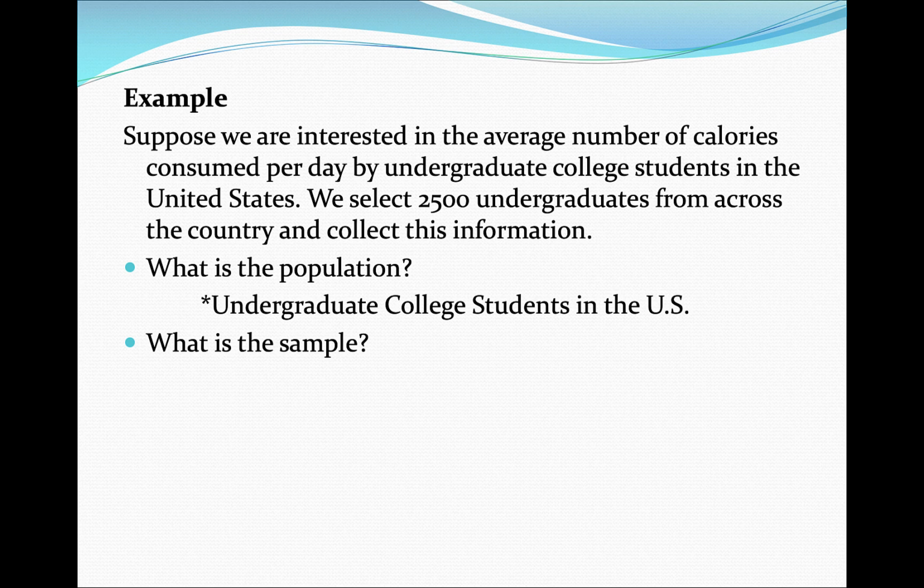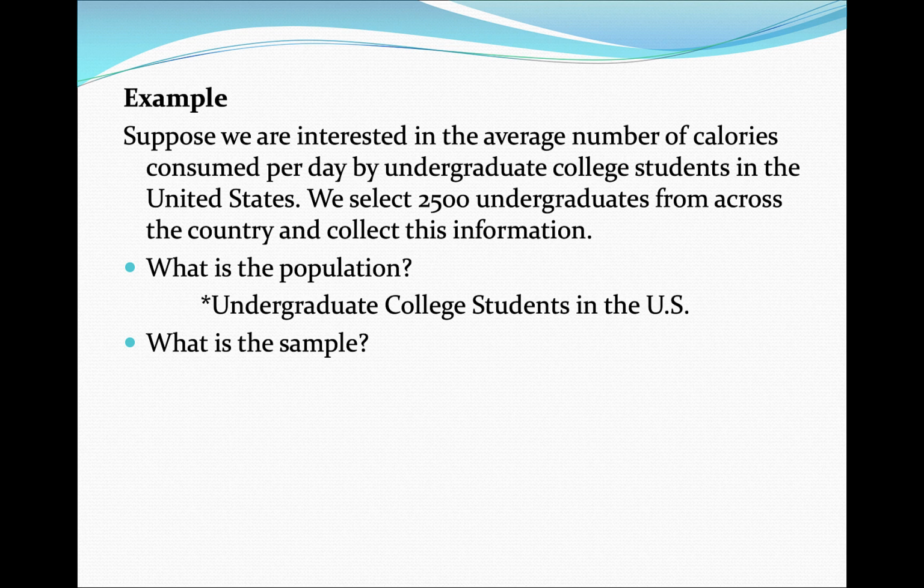So in most cases, it's not reasonable to actually collect data from the whole population, because in statistics, we usually deal with really large populations, and it's very expensive to collect data from everyone. And even if you tried, it wouldn't be very reasonable. From a business point of view, it's never going to be worth the cost. So all those things come into play.